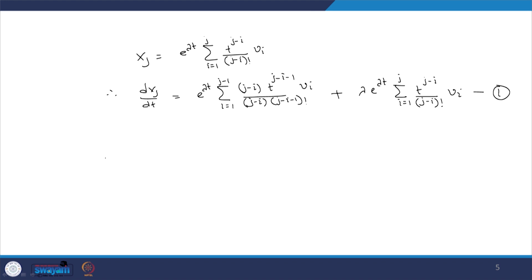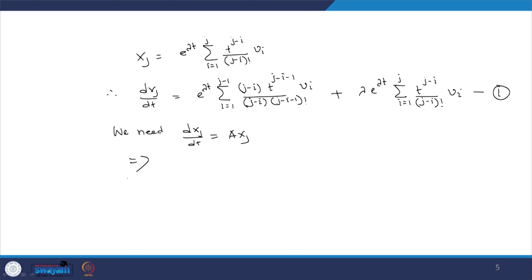Now, xj will be a solution provided dxj by dt is equal to A xj. So, we need dxj by dt equal to A xj.